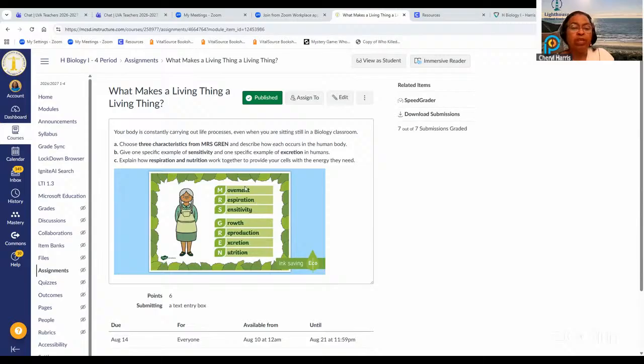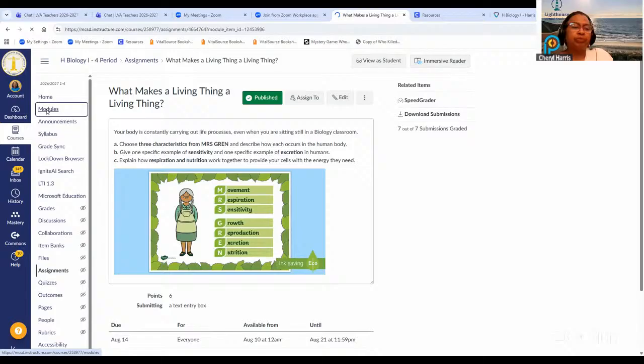So again, when you're looking at whether something is a living thing, you want to line it up against this list of Ms. Gren. So remember Ms. Gren so that you can remember what all of the topics are for characteristics of living things. All right, and that was in your module from the first session.